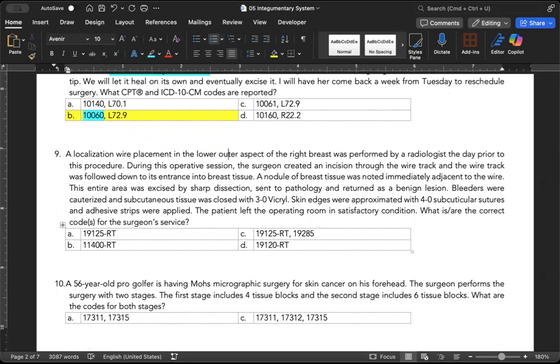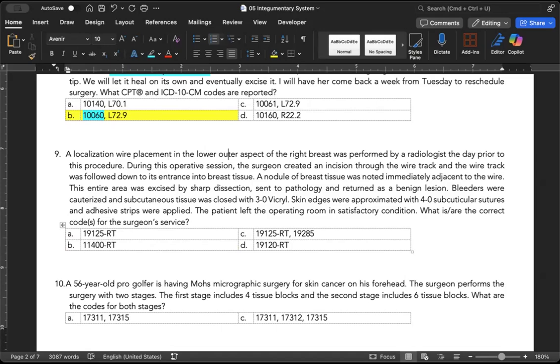Okay. Number 9, localization wire placement in the lower outer aspect of the right breast was performed by a radiologist the day prior to this procedure. During the operative session, the surgeon created an incision through the wire track, and then the wire track was followed down to its entrance into the breast tissue.